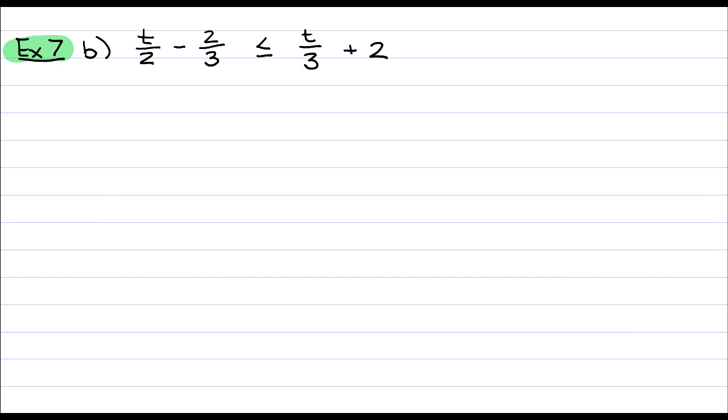So I'm going to multiply both sides of this inequality by 6, the left-hand side as well as the right-hand side.